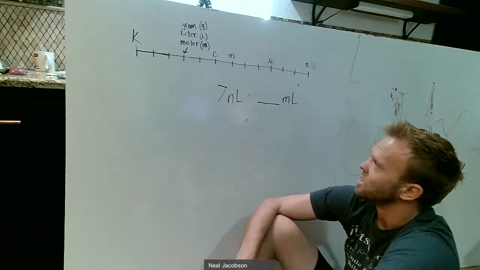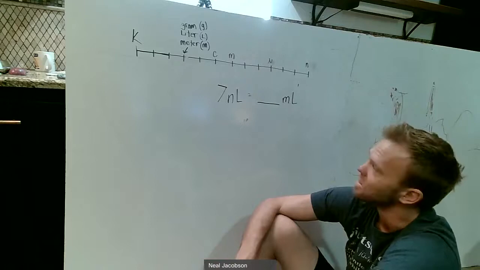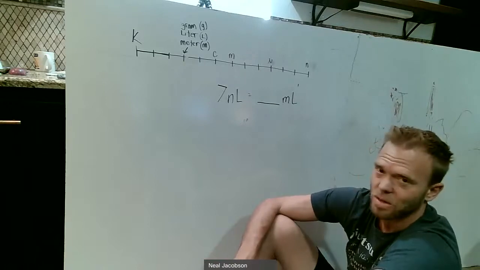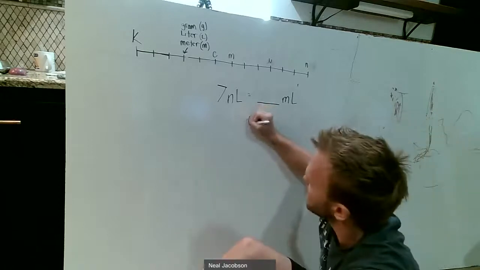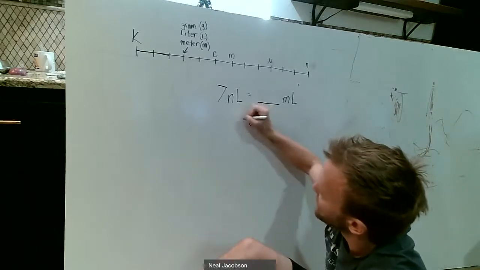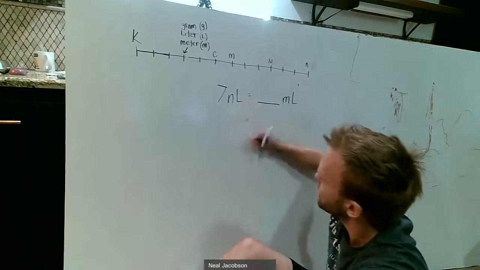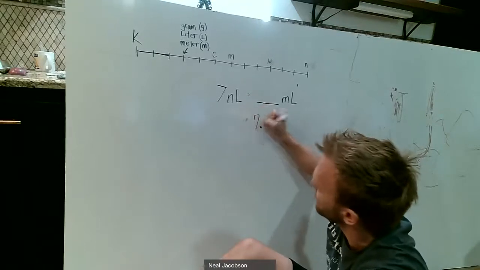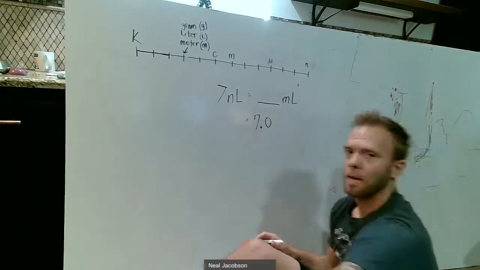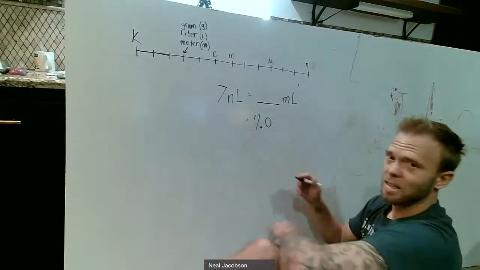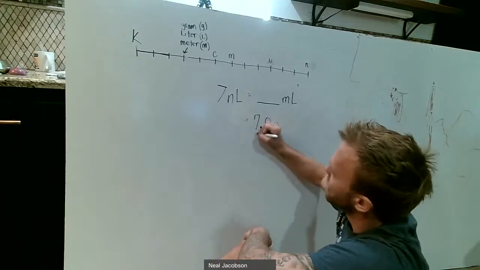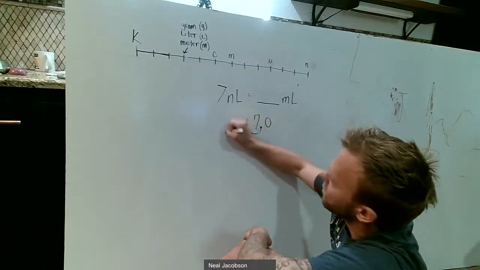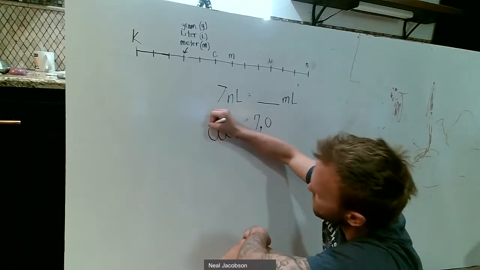So that means I need to chop up a milliliter into 1,000,000 pieces and then take 7 of those and represent that in a decimal. So I could do it like this. We start with 7. And I know I need to chop this into 1,000,000 pieces. So I need to move this decimal 6 places to the left. 1, 2, 3, 4, 5, 6.